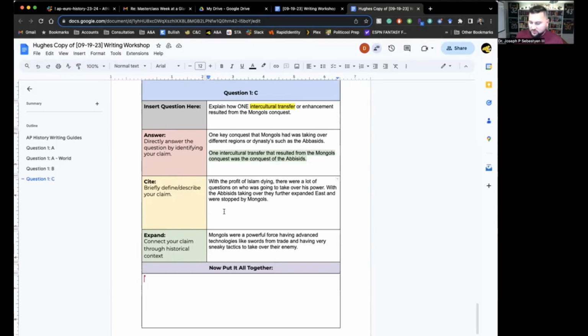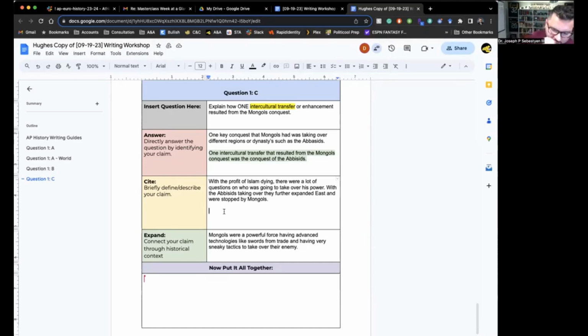Okay, but do you see where I'm heading with this? Yes, sir. So that's where I think you're making the mistake: you went to conquest, but really the question is asking you about the transfer. So as long as we can identify something that they transferred, we can do this.